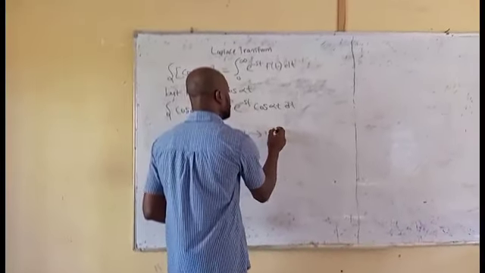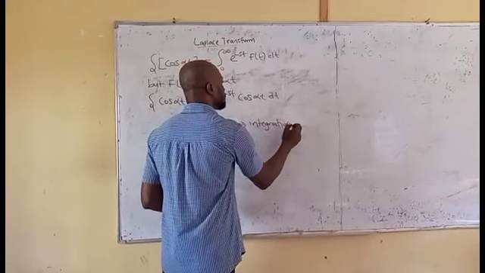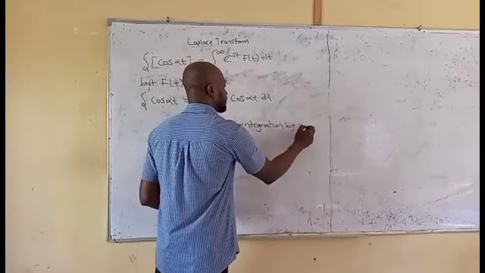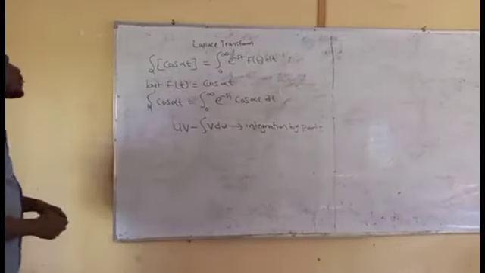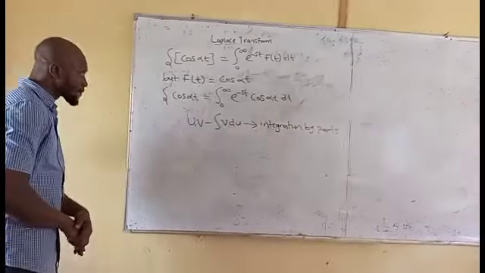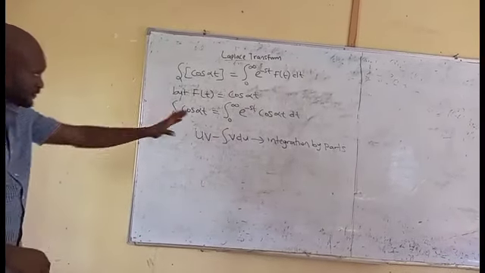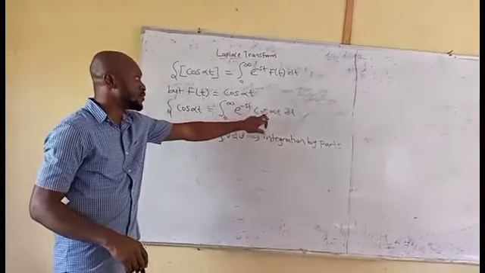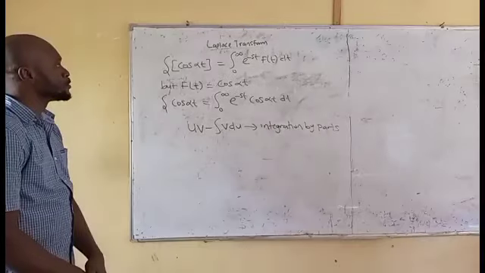So with integration by parts, I will take my u equal to a value and also take my v to give you a value.